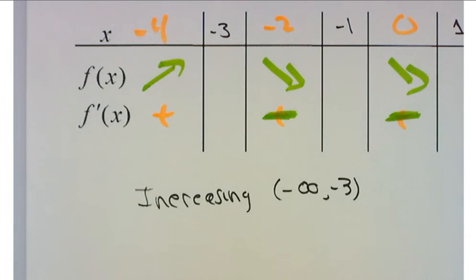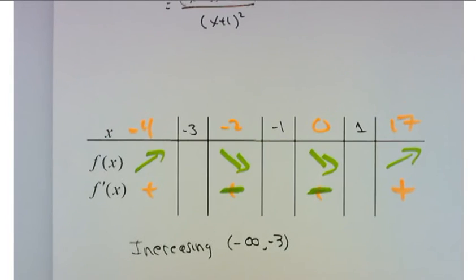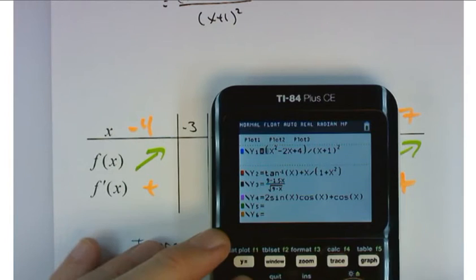Actually, the function keeps increasing, doesn't it? There's something wrong. Let's back up a second. My bad. I put the function in wrong. This isn't squared. That's to the first power.